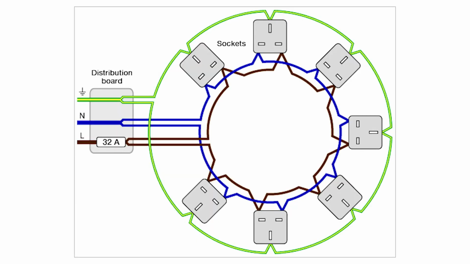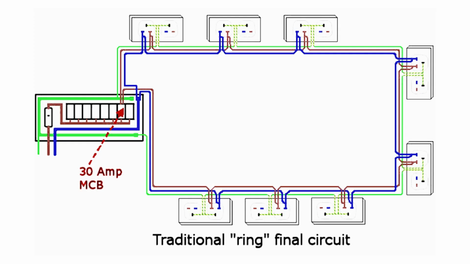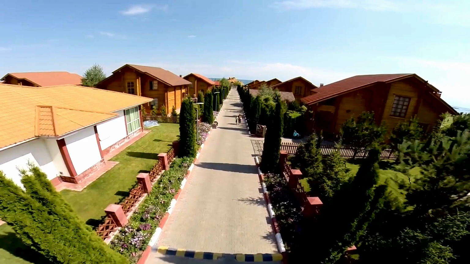But for the ring circuit wiring method, the load is evenly split across 2 directions and later connected to form a loop. This method is economical and with better efficiency.